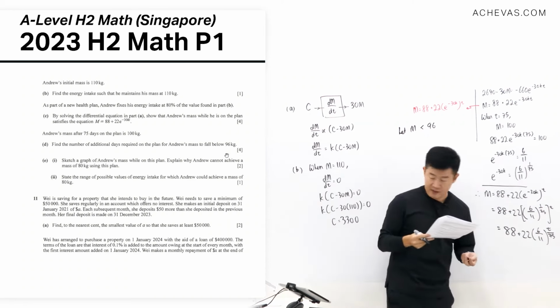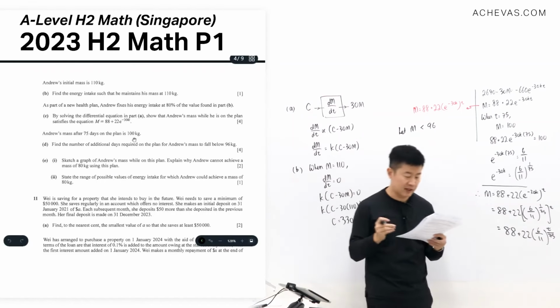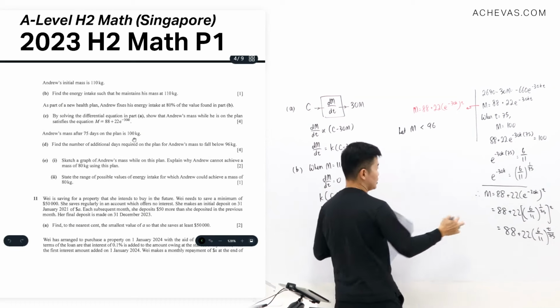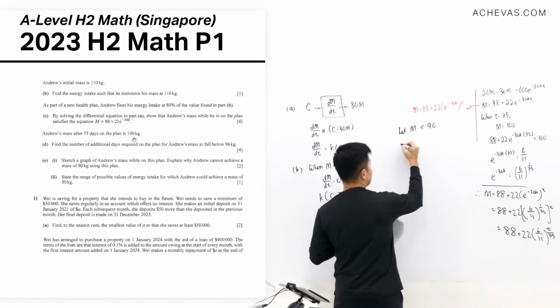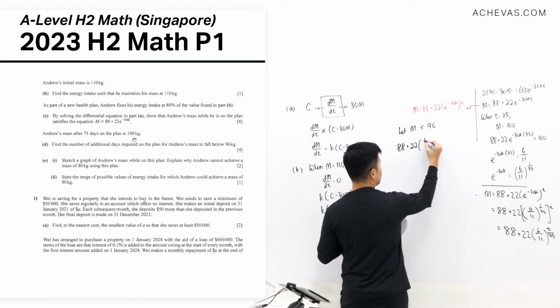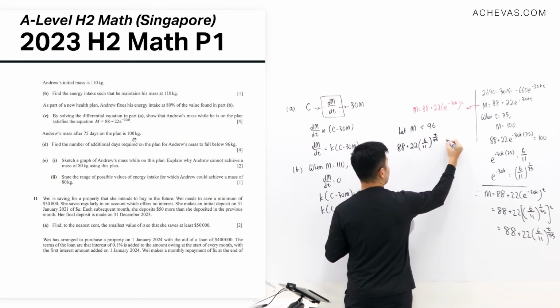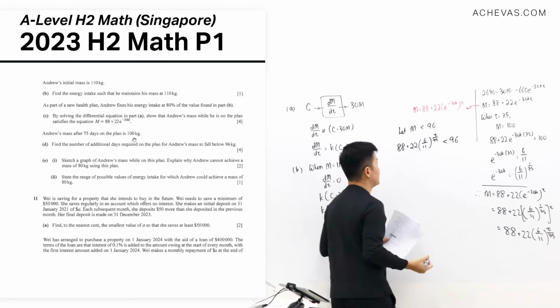I want to find out what is the additional number of days that will take him to go from 100 kg to be less than 96 kg. So I'm going to replace m by this. So we have 88 plus 22, then 6 over 11 to the power of t over 75. I'll let this be less than 96.